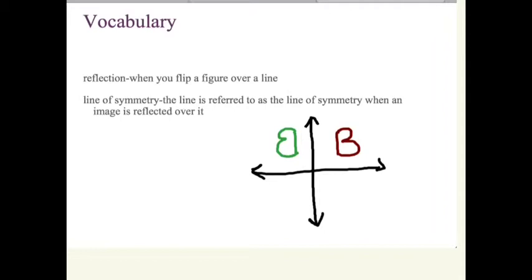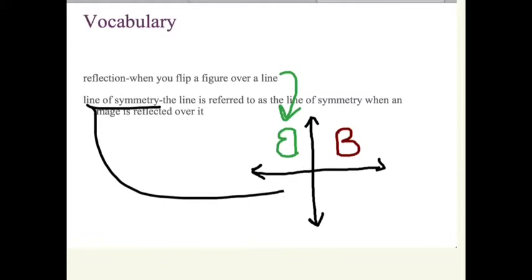Everything about the B has flipped, and the line of symmetry is the y-axis. Your line of symmetry does not have to be the y-axis. We could have reflected the B across the x-axis, as I did here, or some other line anywhere within the coordinate plane.